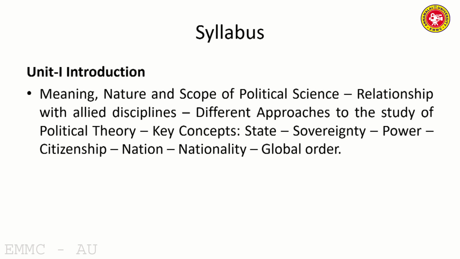Likewise, the state consists of various units: people, society, community, institution, territory, all different units comprised together, and it becomes a system. The body is a system, we have a digestive system, excretory system, nervous system. Likewise, we have a political system. Political science means it is a political system.